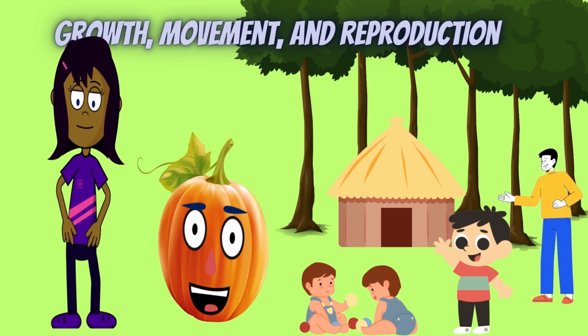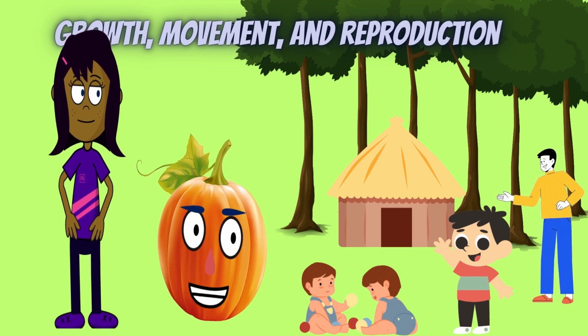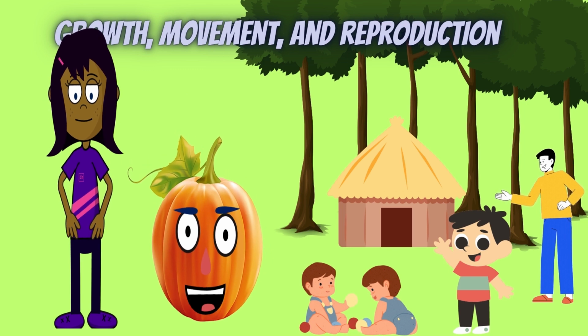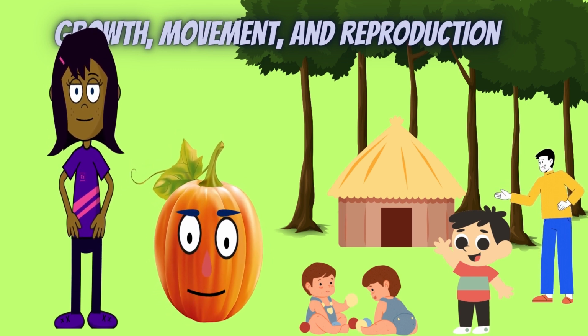All of these life processes are interconnected and work together to maintain the balance and health of the body. Without these processes, living organisms would not be able to survive.